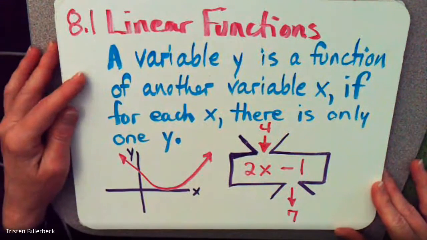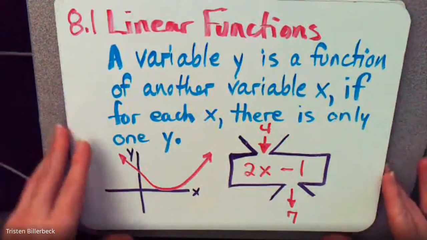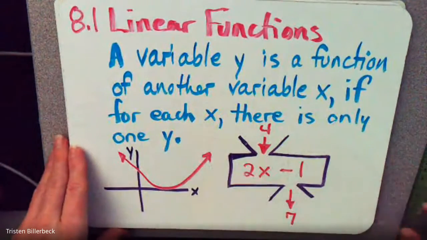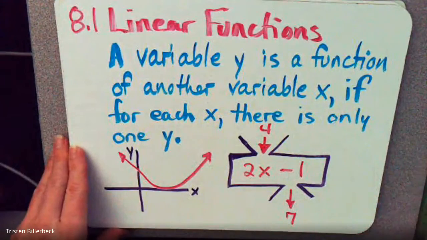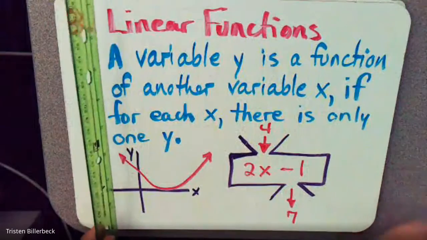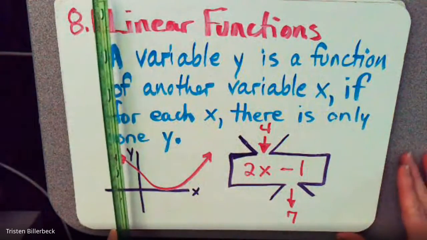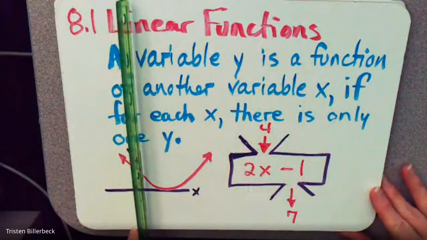So a variable y is a function of another variable x if for each x there is only one y. What that means is if I take a vertical line, and each one of these is my y, these are my x's, I should only cross that line once.